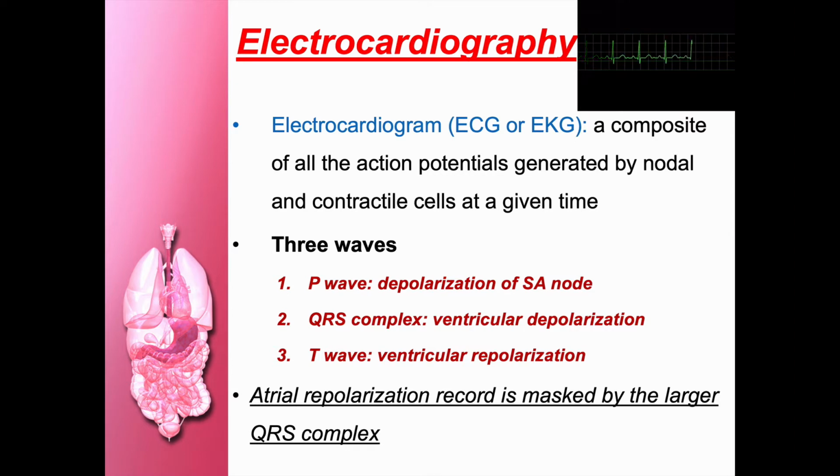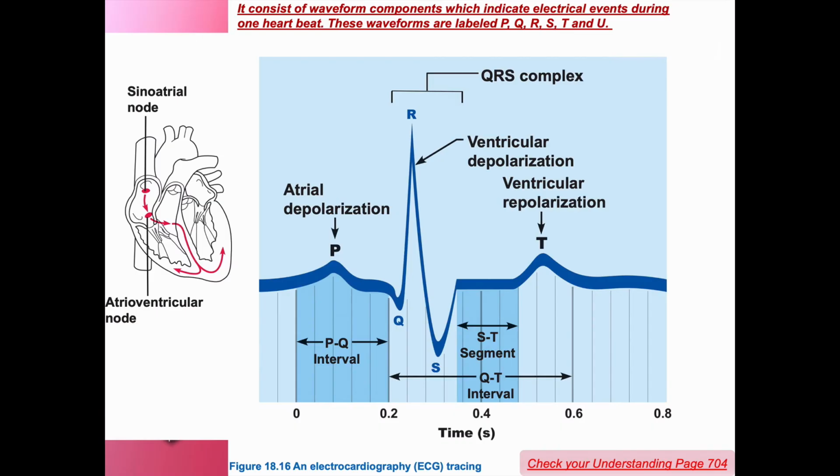Then the T wave is representing repolarization, where the diastole is taking place. So the P wave and QRS wave represent systole, that is the depolarization, and the T wave represents diastole, that is repolarization.